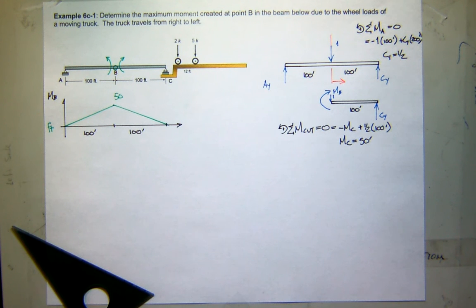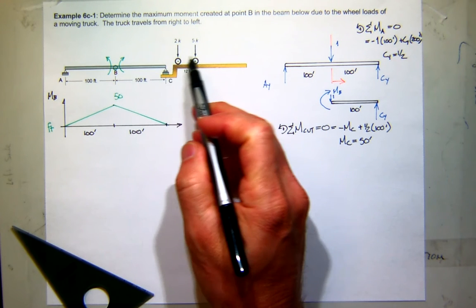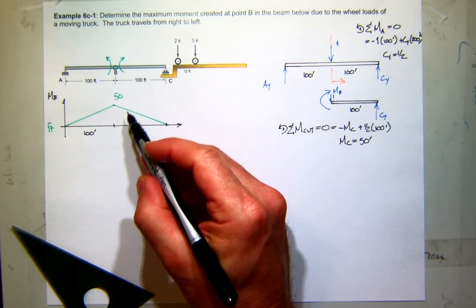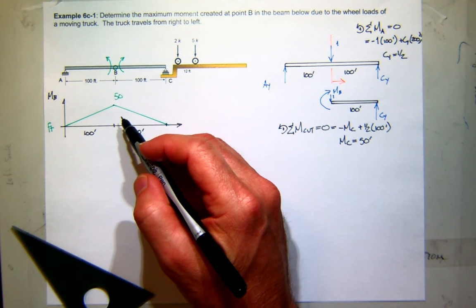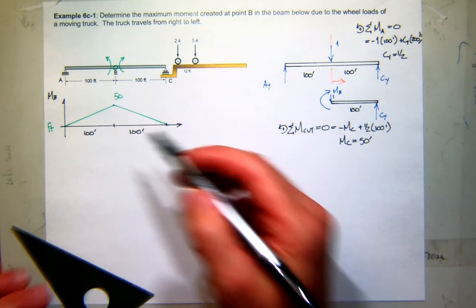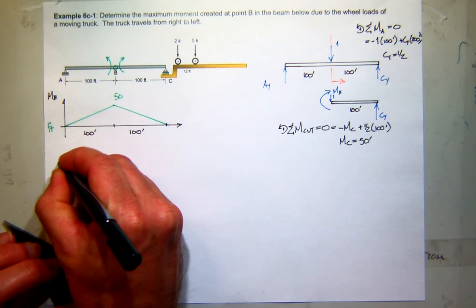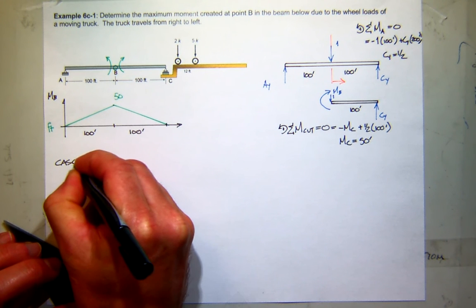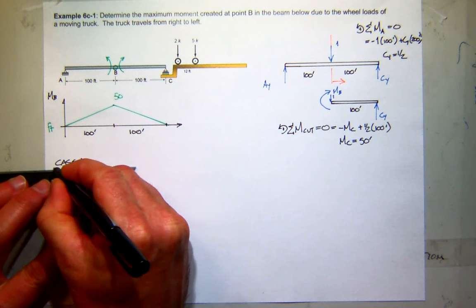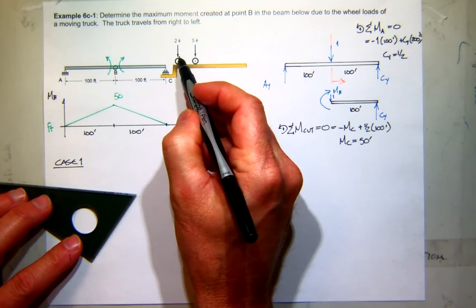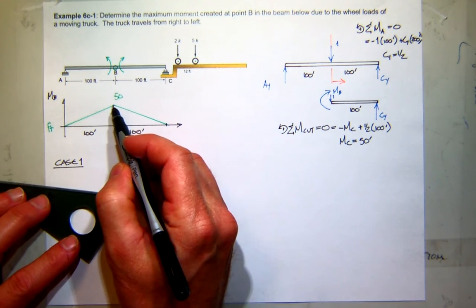Now I need to let my truck drive over from right to left and use this as my device to say when to stop it. So let's call this case 1. That's where the first 2 kip force will go to the maximum value.